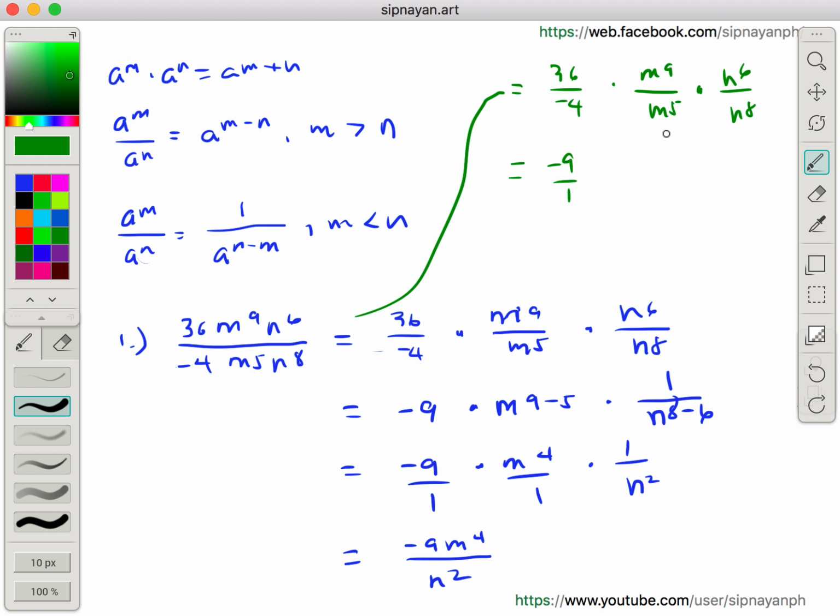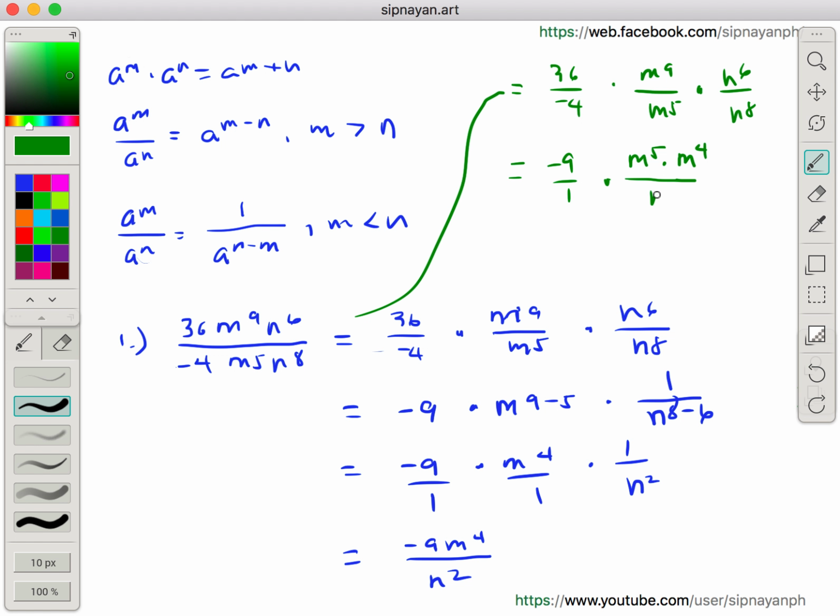Ang m to the 9th, pwede natin siyang isulat as, gusto natin i-cancel tong m to the 5th, so dapat may m to the 5th din tayo dito. But by law of exponent number 1, ina-add natin yung exponent pag nagmumultiply tayo ng expression with the same base. So, ang matitira na lang m to the 4th, kasi m to the 4th times m to the 5th is m to the 9th.